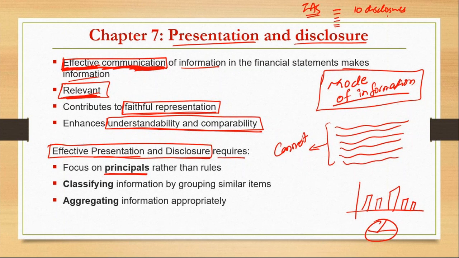Now, this is a rule of providing 10 disclosures. So rather than providing 10 disclosures, we have to see out of these 10, which of the disclosures are relevant to us. Maybe only 4 disclosures are relevant to us and the remaining 6 are not. So rather than following the rules of the standards, we should be focusing on the principles that to enhance relevance, what disclosures should be given and what should not be given.